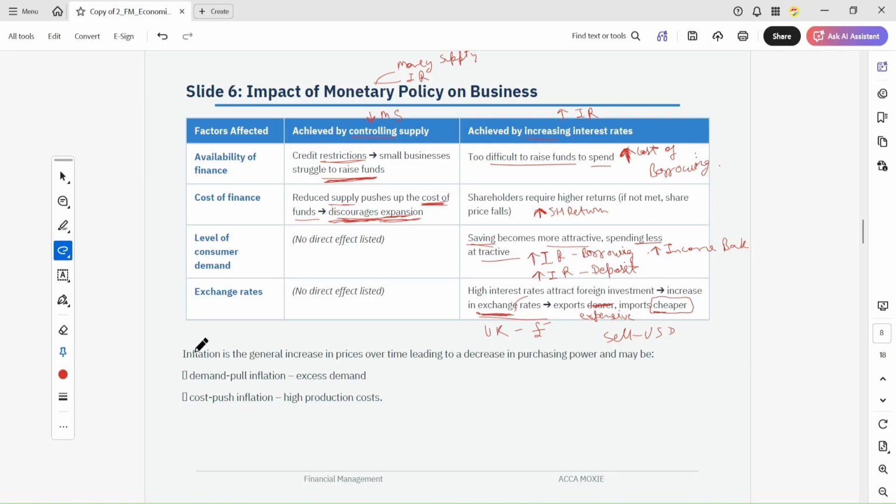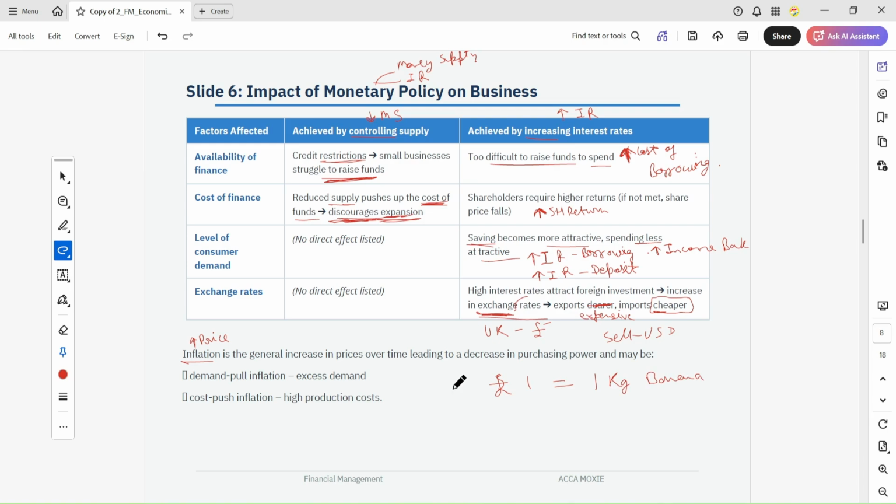Next is inflation. Inflation is the general increase in prices over time, leading to a decrease in purchasing power. So inflation is an increase in the prices of the product. And what it means is that last year, for example, 1 British pound could get 1 kg of banana.